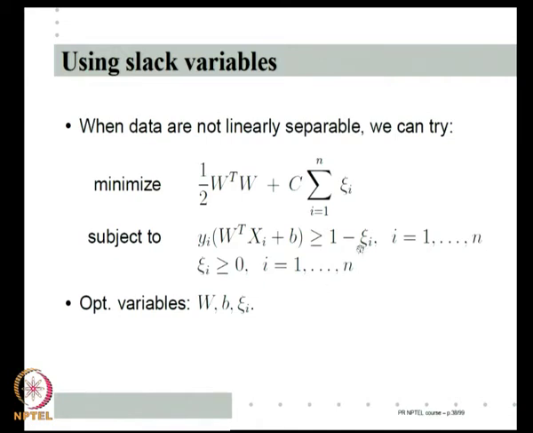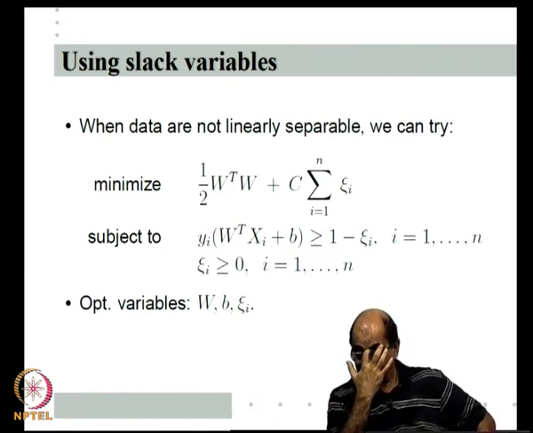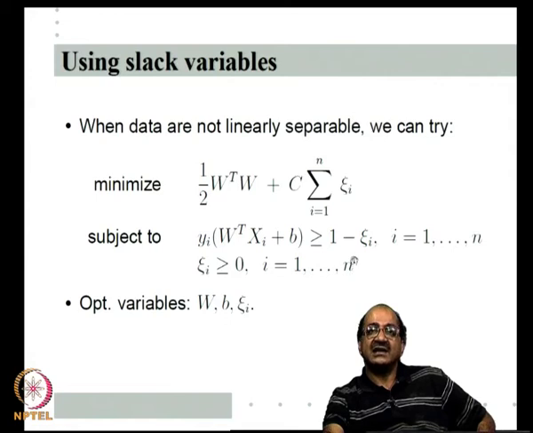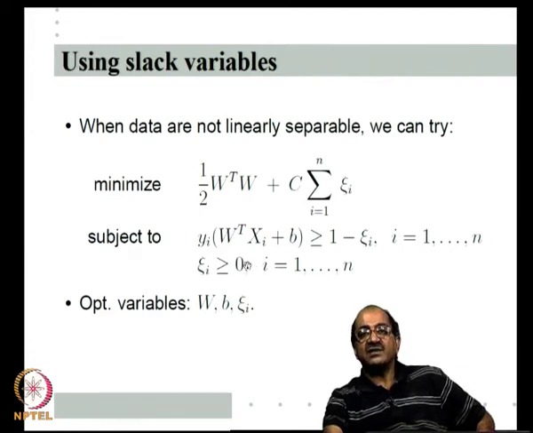So, I am not getting the optimal separation, because we wanted so much separation. We didn't want any training pattern between W transpose x plus b equal to plus 1 and minus 1. That much separation I am not getting if ji is greater than 0. But if ji is greater than 1, the sign is changing, which means I am not even classifying it correctly. That is how ji measures the extent of violation.